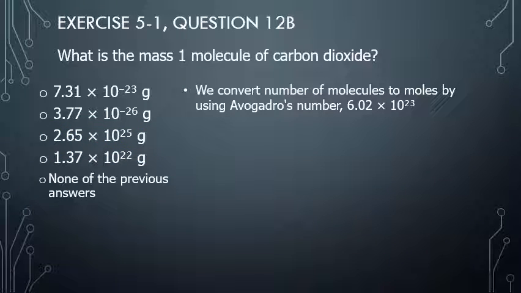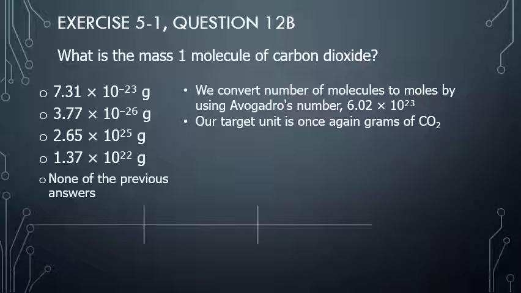So we convert molecules to moles by using Avogadro's number, 6.02 times 10 to the 23rd. Our target unit, once again, is grams. So we set up our dimensional analysis grid, start with our given information, one molecule of carbon dioxide. Applying Avogadro's number, I'm putting 6.02 times 10 to the 23rd molecules on the bottom, so that cancels.